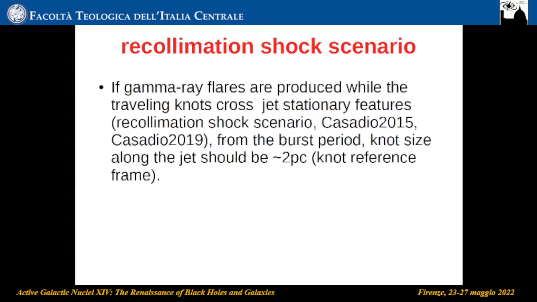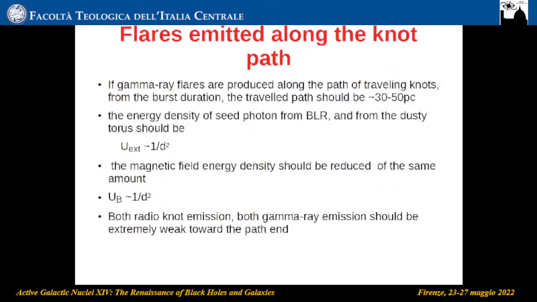Okay, you can assume that the flares come from a recollimation shock as proposed for CTA 102, but you have to assume that in this case the knot comes in a train that is about 2 parsec long along the jet to justify the burst duration.